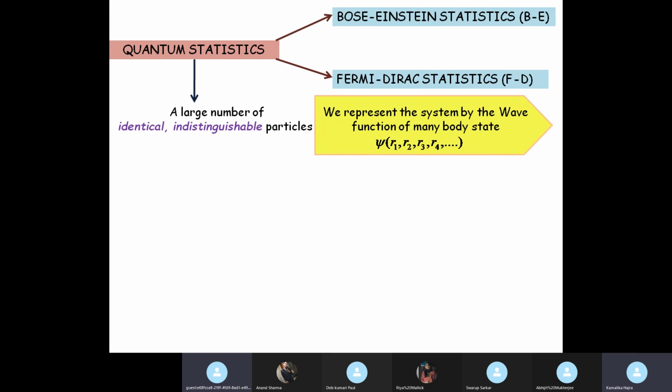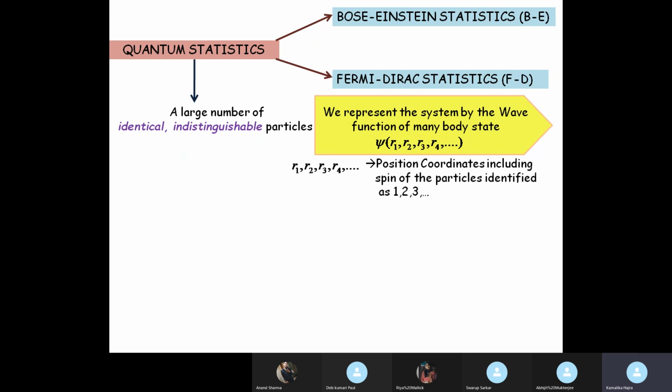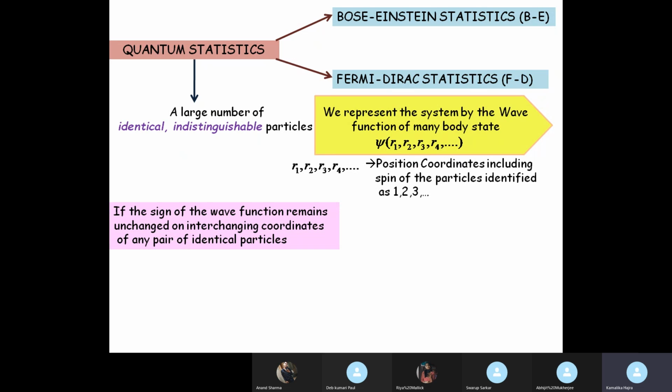So we will denote the system by a wave function of a many body state, denoted by psi of R1, R2, R3, R4, etc. up to Rn. R1, R2, R3, etc. are, as I told you, position coordinates that include spin. Now spin is also a factor that we cannot neglect anymore because we are in the quantum system.